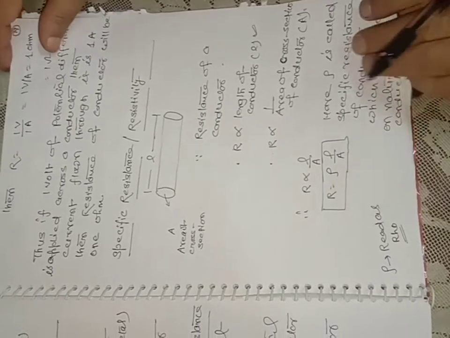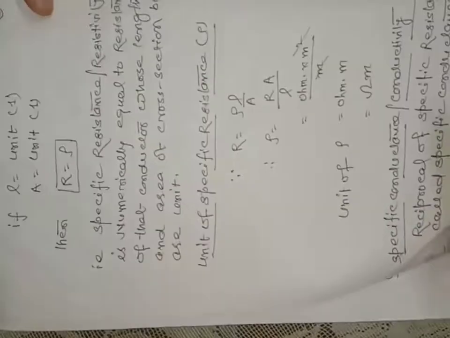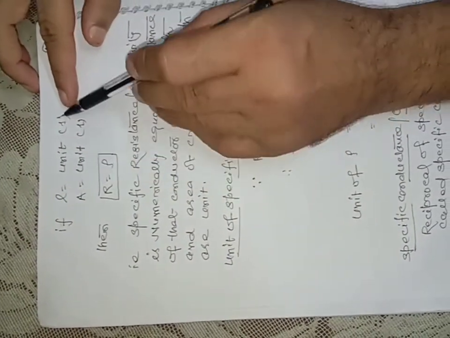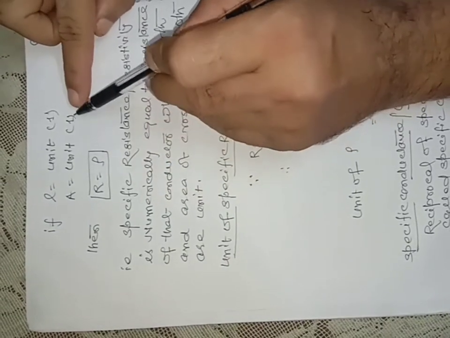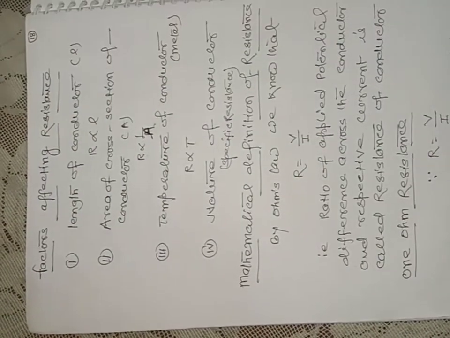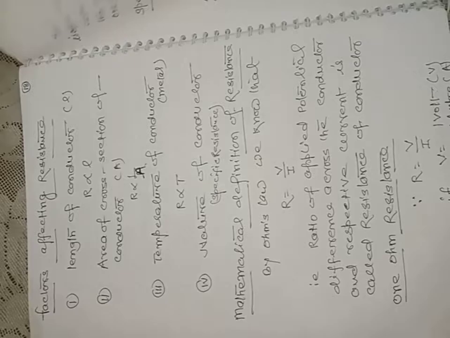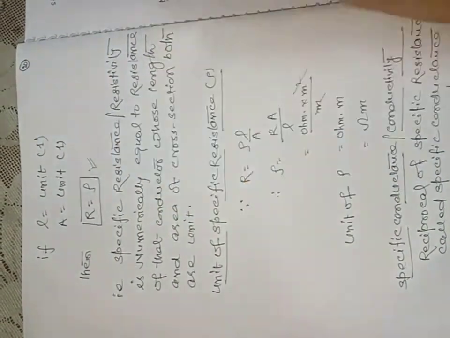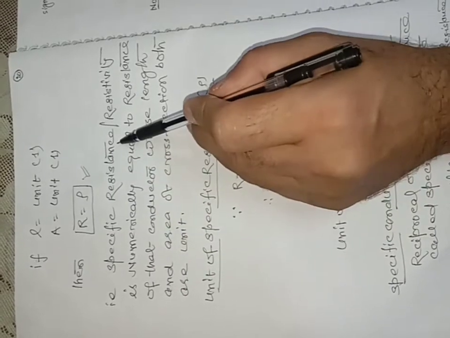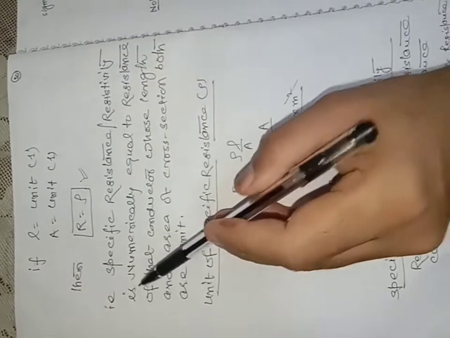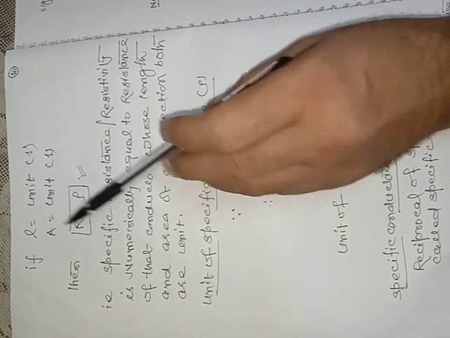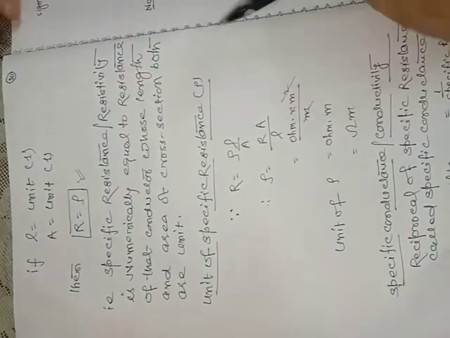So let's see what rho is. If L is equal to unit, meaning the length of the conductor is unit, and its area of cross section is also unit, both 1, L is 1, A is 1, then R is equal to rho. So what is the definition of rho, the specific resistance? Specific resistance, or resistivity, is numerically equal to the resistance of a conductor whose length and area of cross section are both unit.